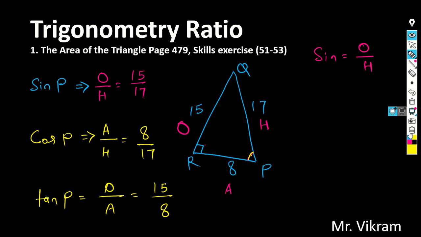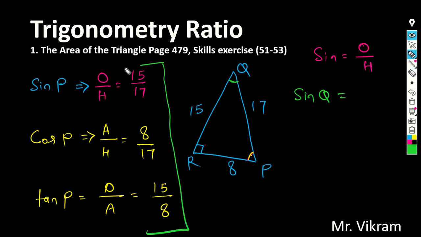Now if I ask you sine Q, I have to look from this angle. Let me just remove this one here. Don't bother with this because it is already done, so don't look at this now.